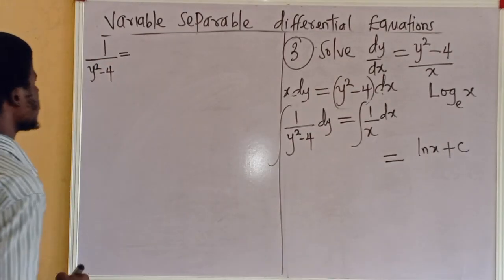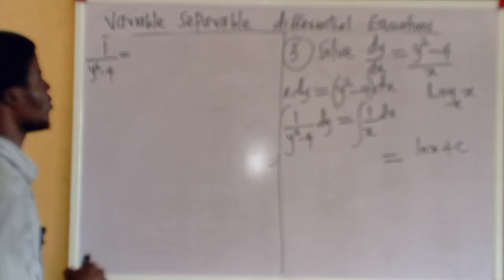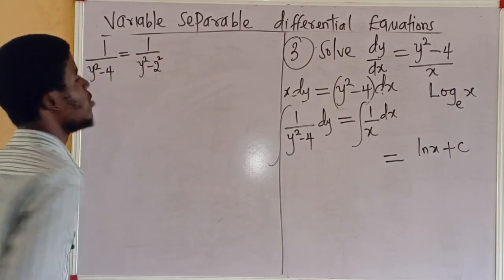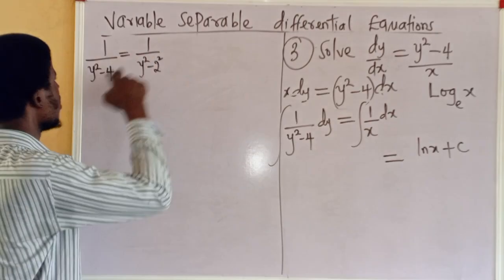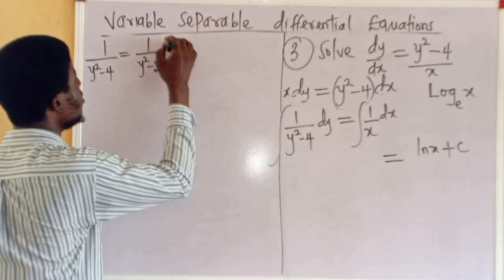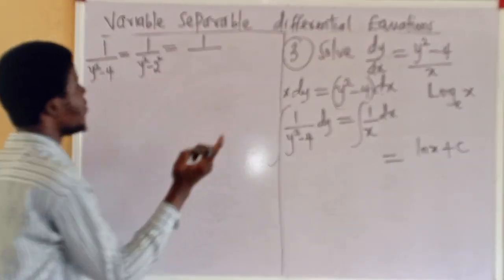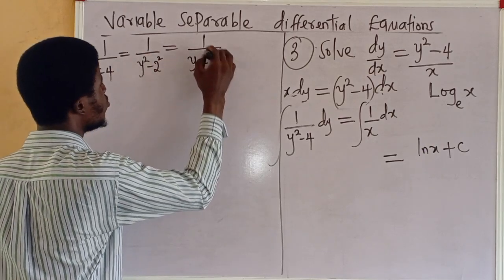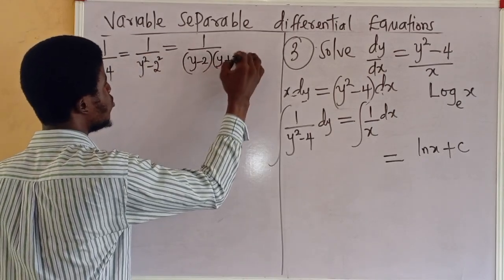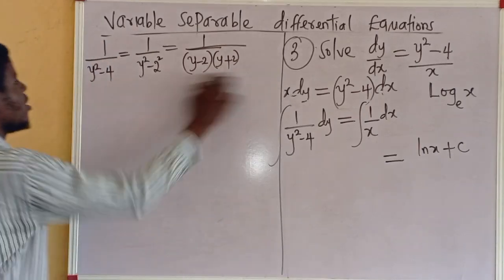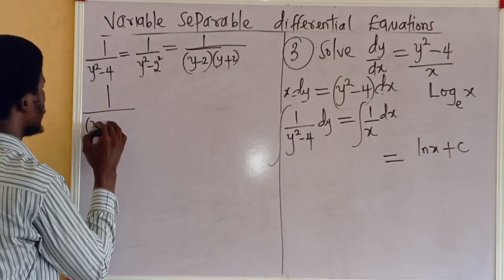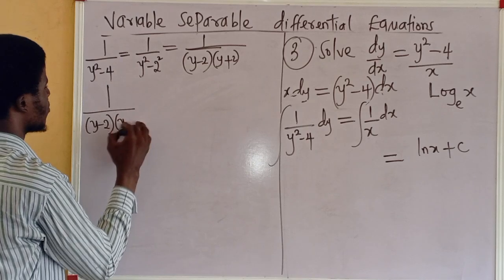Y squared minus 4 is the same thing as y squared minus 2 squared, because 2 squared is equal to 4. By difference of two squares, y squared minus 2 squared is (y minus 2)(y plus 2). Everything here is equivalent. So it is this that we are going to break down into partial fractions now.